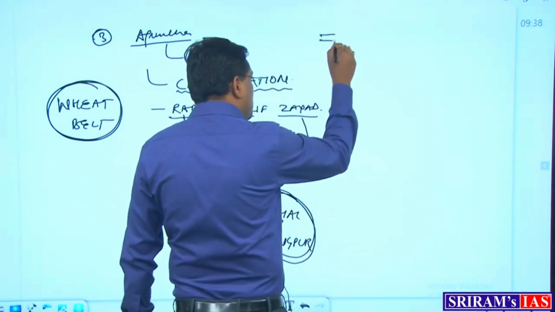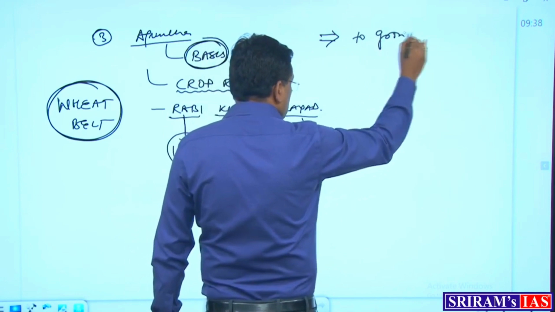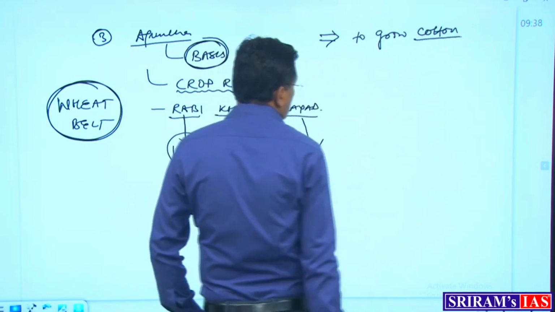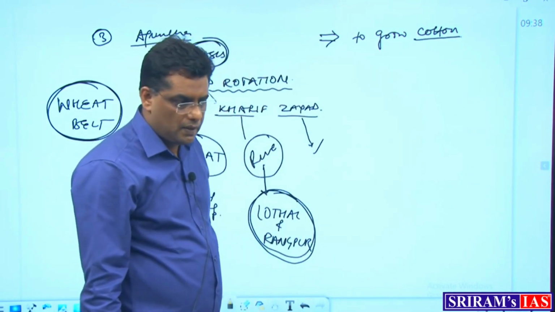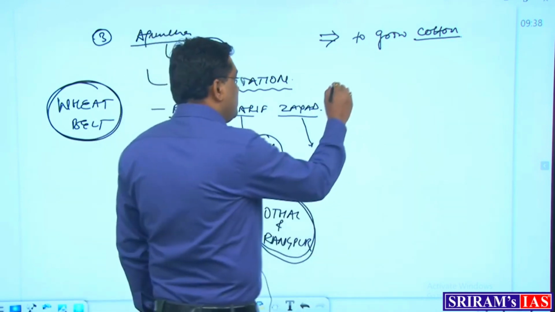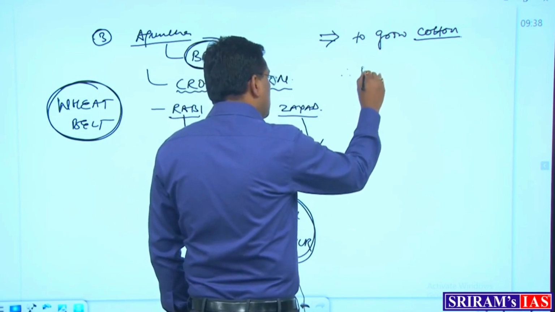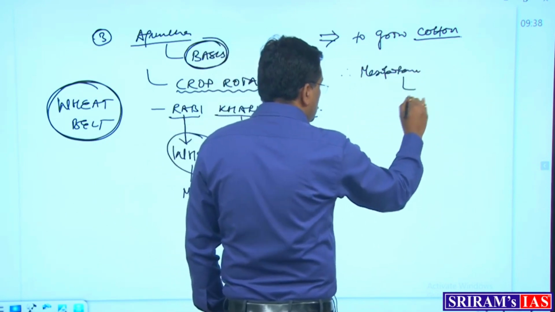Harappans were the first in the world to grow cotton. Therefore, Mesopotamians called cotton Sindan.